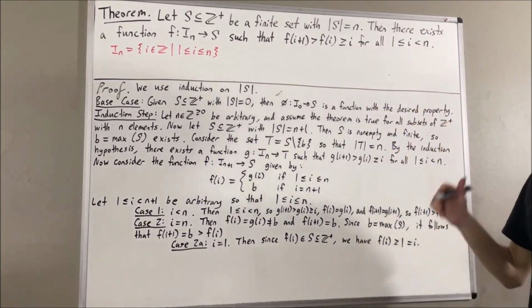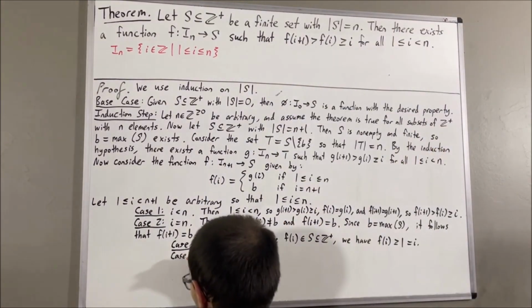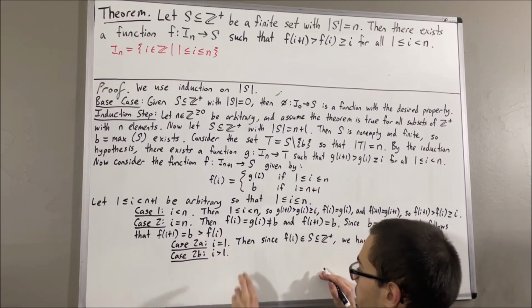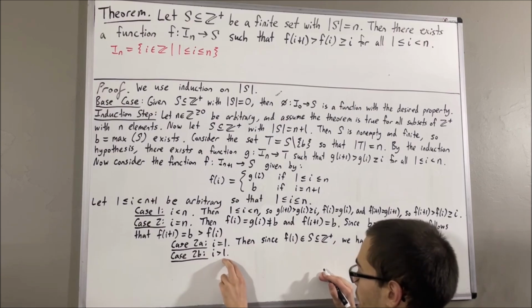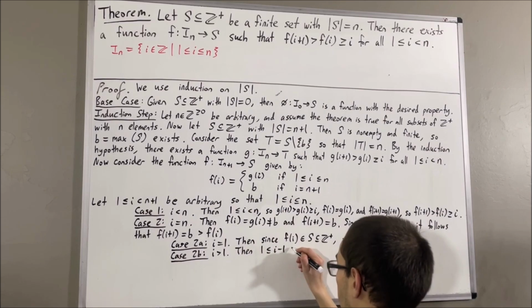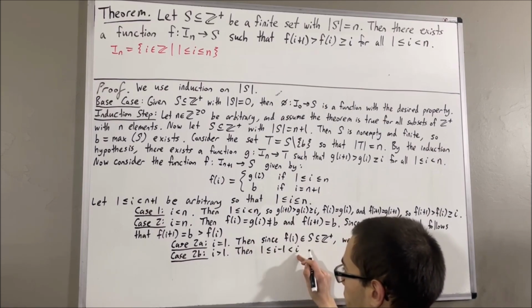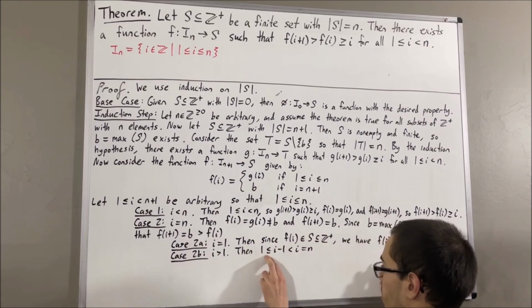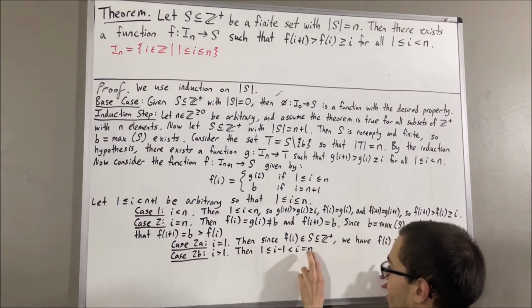Now let's consider the case i is greater than 1. If i is greater than 1, then since we're working with integers, this implies i minus 1 is greater than or equal to 1. And i minus 1 is less than i, and i is less than or equal to n. So this shows 1 is less than or equal to i minus 1 is less than n.